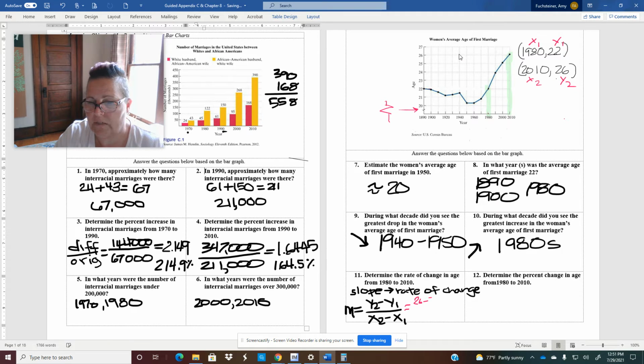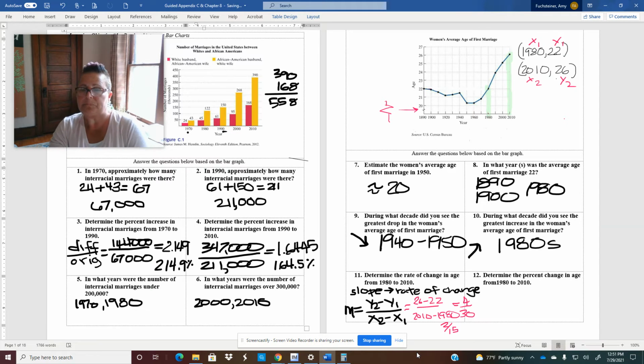All right. So this would be 26 minus 22 over 2010 minus 1980, or 4 over 30. This reduces to 2 over 15. What does it mean?